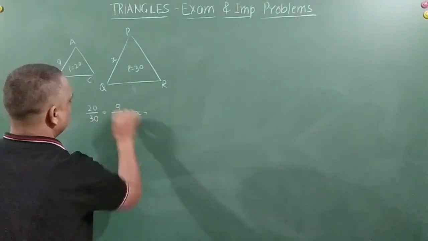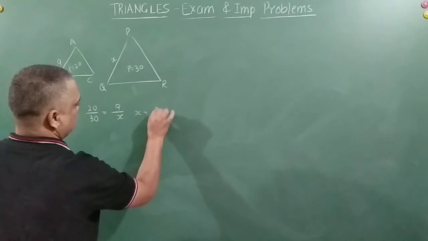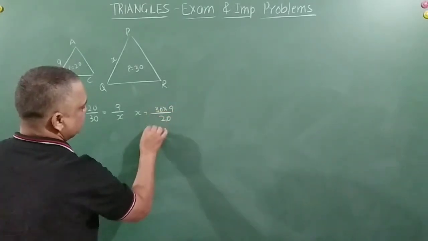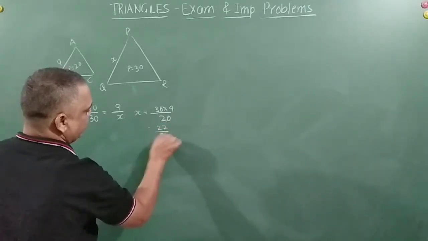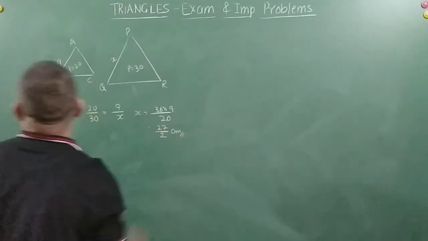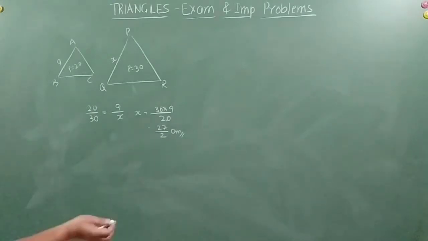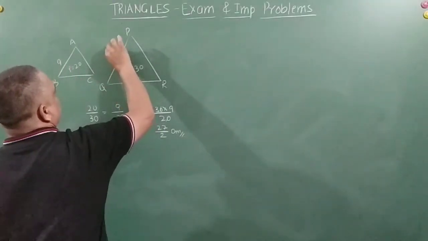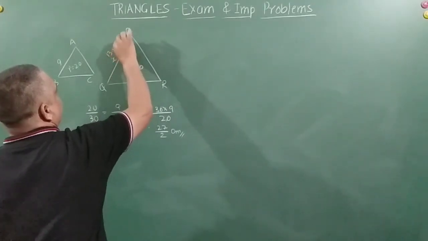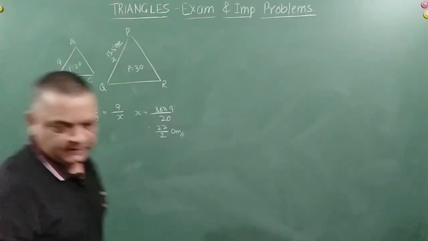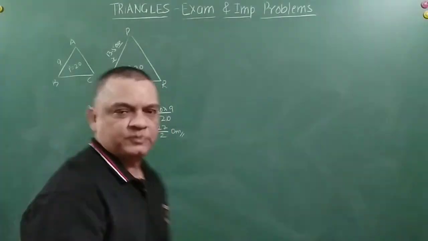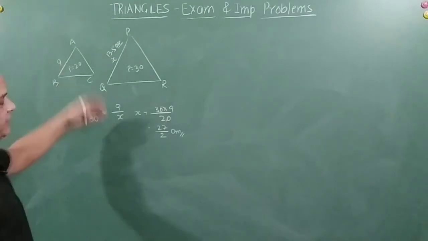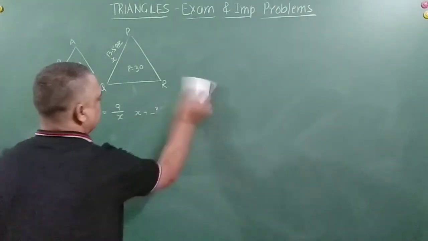So x will be 30 into 9 divided by 20, which is equal to 27 by 2 centimeter. That will be 13.5 centimeter if you want to be precise. Let's move on to the next problem. Just wanted to tell you the concept that the ratio of the perimeters is the ratio of the corresponding sides. Both are equal.